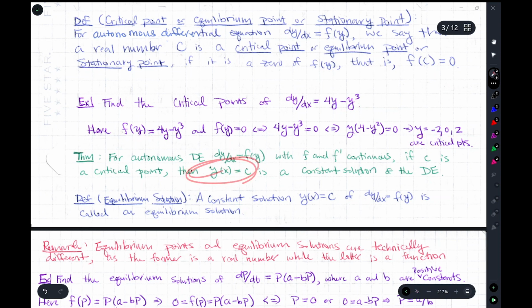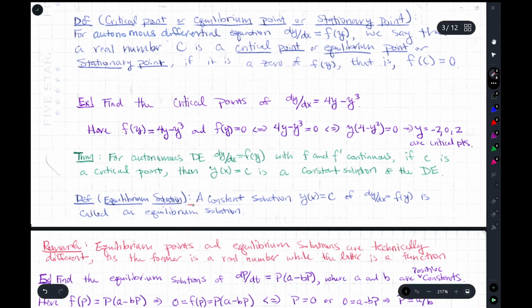This is now a solution, and it's a function. These are solutions to this differential equation that are constant. Here the derivative is 0, and so you do get constant solutions along the critical points. That goes back to why they're called equilibrium point and stationary point, because the solution is just constant. There's no change going on. The system is in equilibrium.